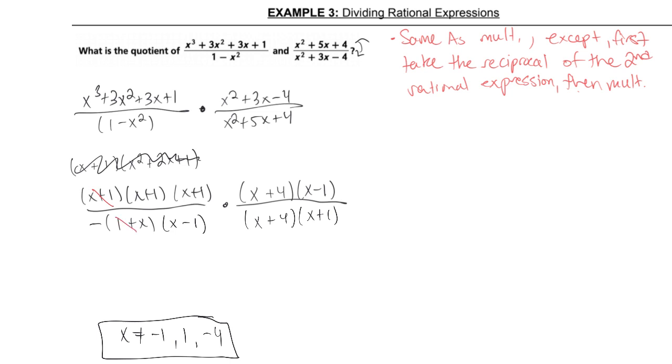So here we can cancel that out, cancel this out, cancel these and these, and what's left over is x plus 1 over negative 1, so negative x plus 1 is left over. All right, so this is our solution, and those are our excluded values.